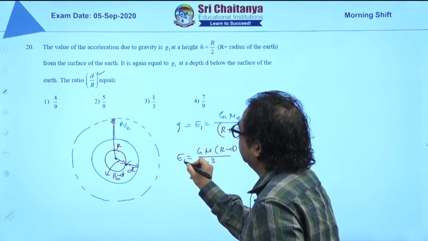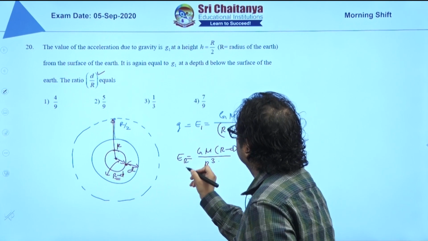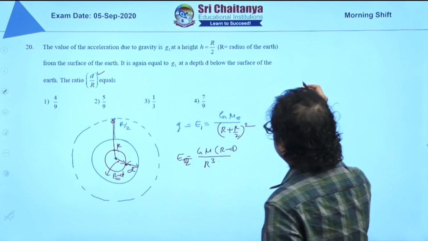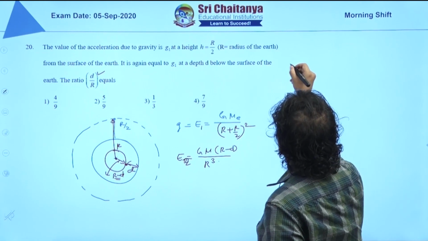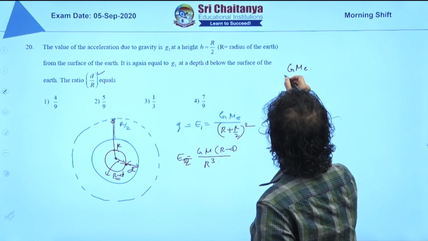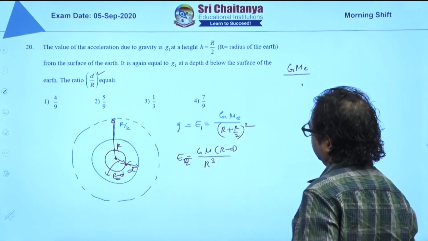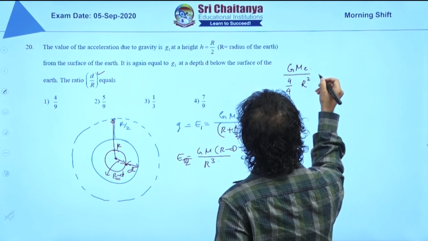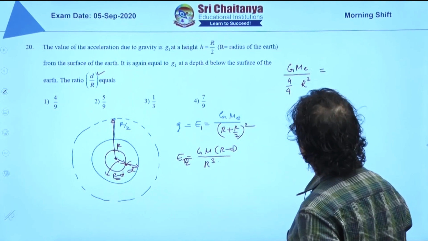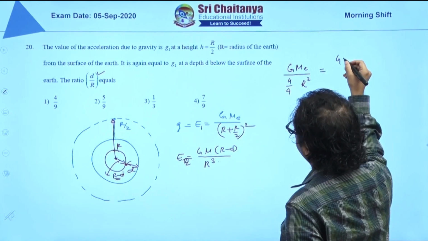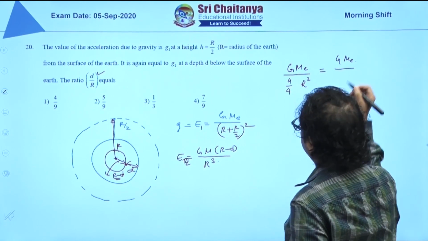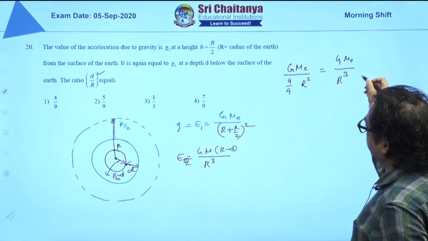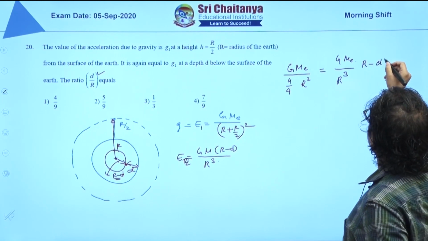So, how much are you getting by equating? This one is 0.2, so that is equating. So, GM_e divided by (R + R/2) whole square, we are getting 9 by 4 R square, which is equal to GM, mass of the earth, divided by R cube into (R minus d).